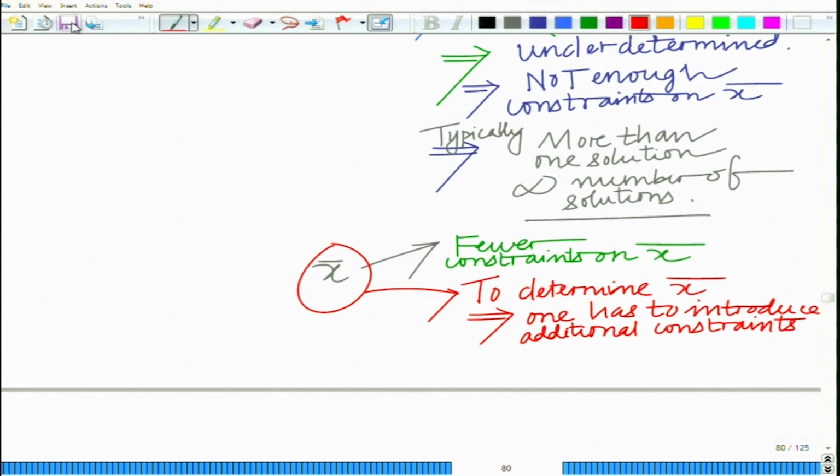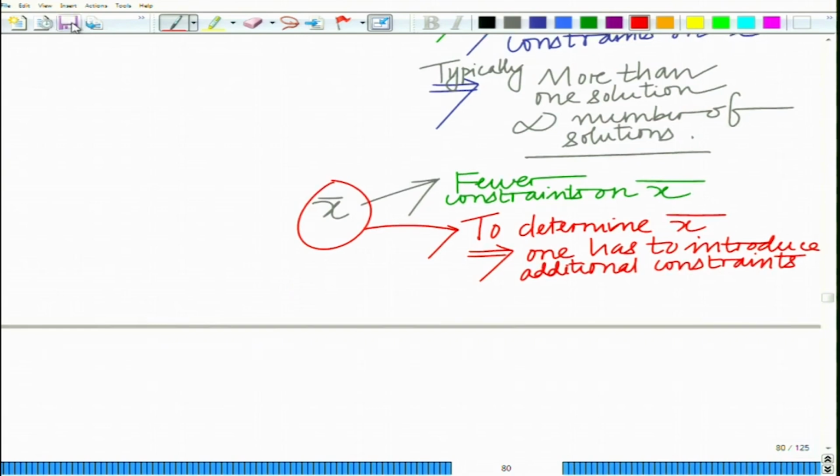One such typical constraint is to find the energy efficient solution, that is, minimize the norm of x bar. So this is your additional constraint.